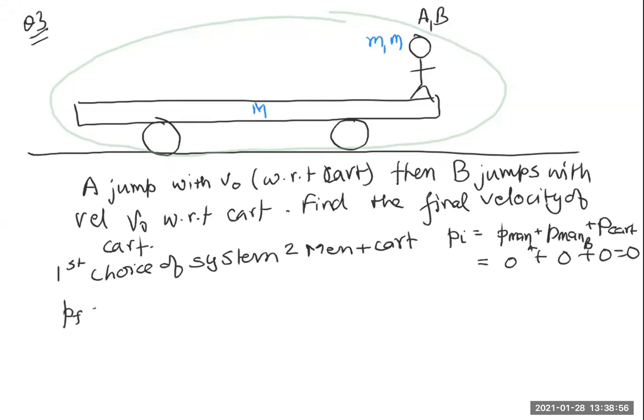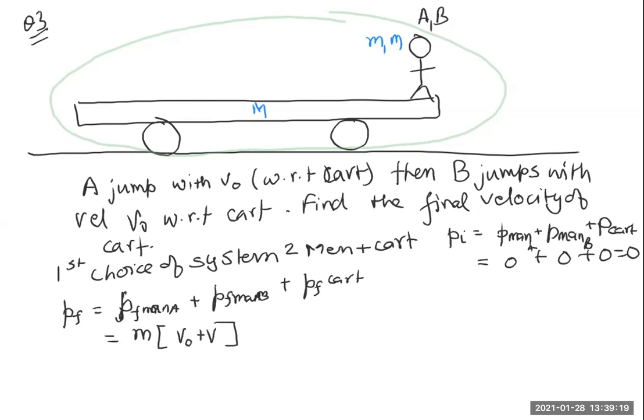Final momentum will be the final momentum of man A plus the final momentum of man B plus the final momentum of cart, which will be equal to mass of man into velocity of man with respect to the ground, not with respect to the cart, plus mass of man into velocity of man.